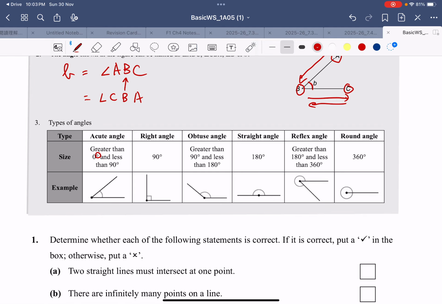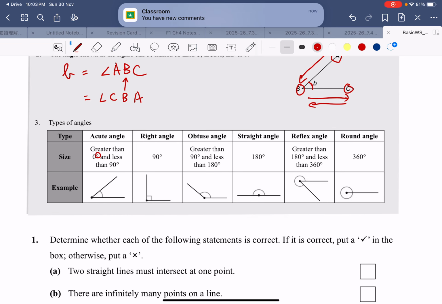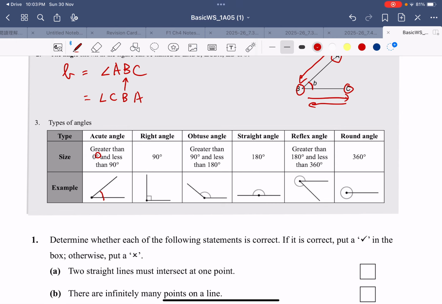For example, if you put a protractor over this angle, you find this angle is less than 90 degrees, and it is named acute angle. And you can have a right angle that is exactly 90 degrees, and this angle can have a very special notation like a square at the corner.